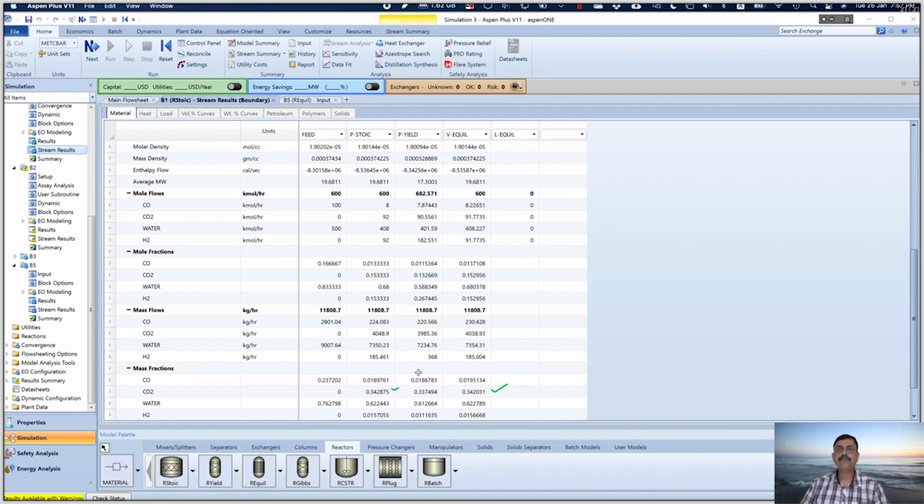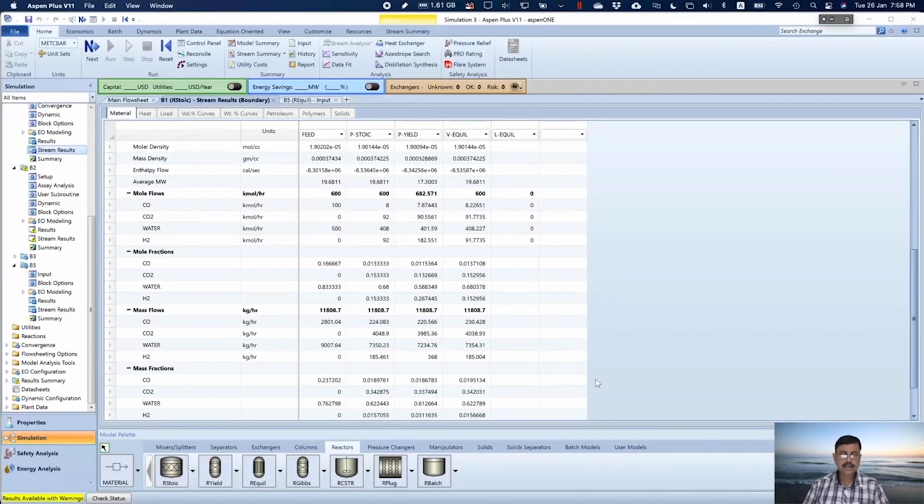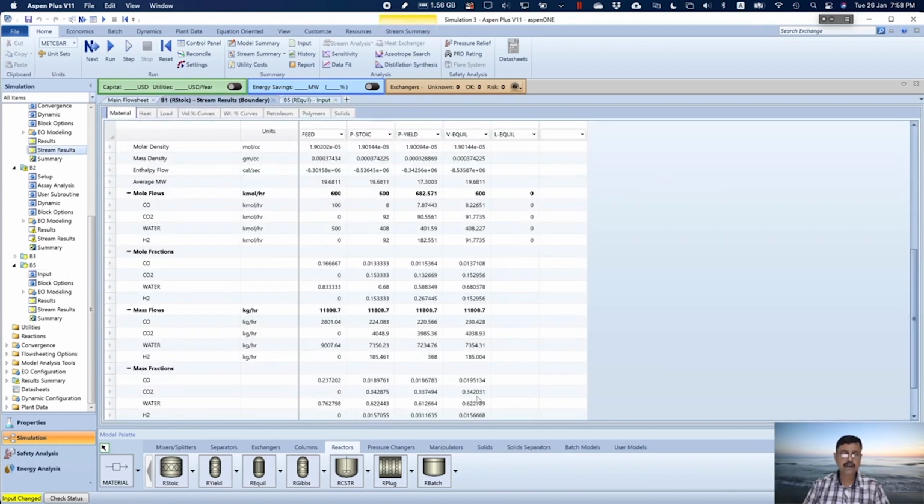Now let us try to see what happens if we increase the temperature approach or if we decrease the temperature approach. For that, let us change the data in input block. So we change it to 260. Now at this moment it is 0.342031.